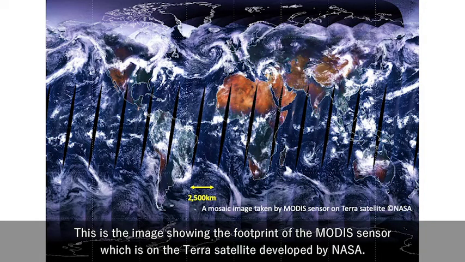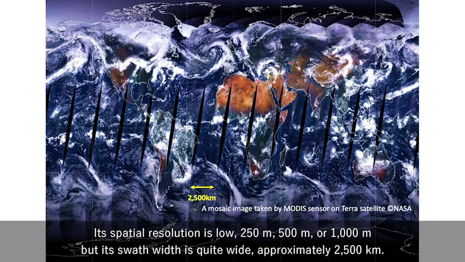This is an image showing the footprint of the MODIS sensor, which is on the Terra satellite developed by NASA. Its spatial resolution is low, 250 meter, 500 meter, or 1000 meter, but its swath width is quite wide, approximately 2,500 km.